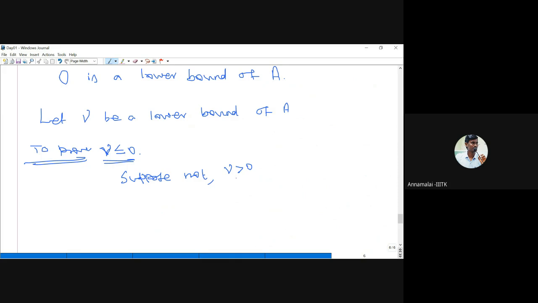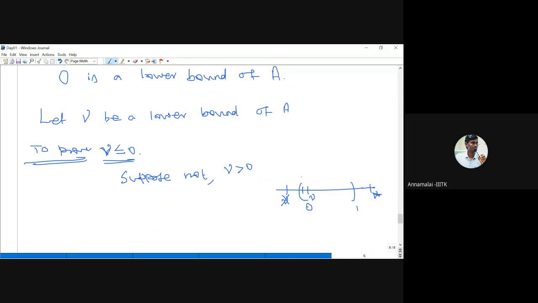So this is our interval 0 to 1. We already proved that 0 is a lower bound. Suppose gamma is here. Then what will happen? Maybe gamma is somewhere here also, but that is the worst case. But suppose gamma is here, we can find an element here.